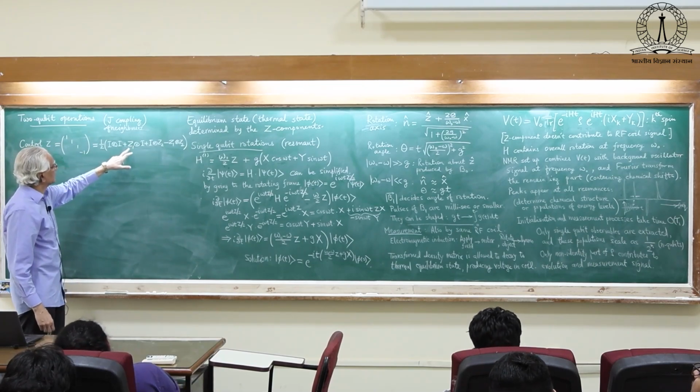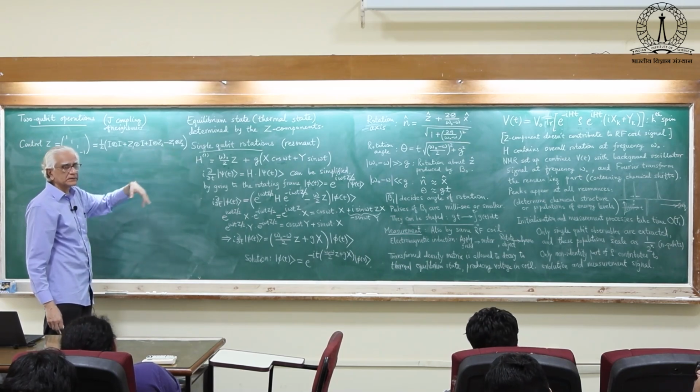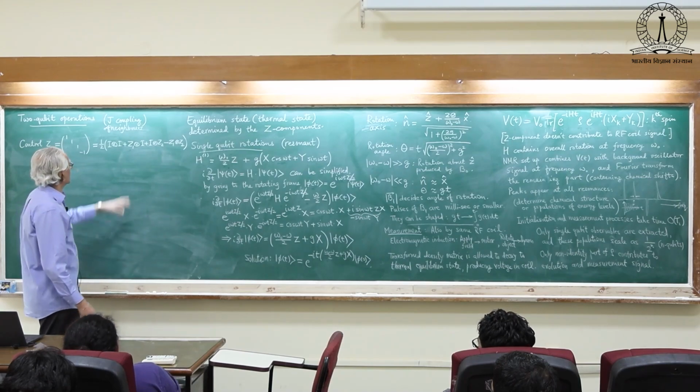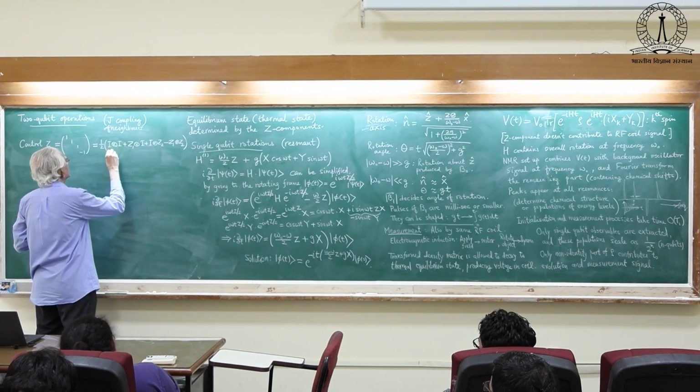The Hamiltonian has single qubit Z coupling and this J coupling between neighbors. Okay. And well, why is that? It's a kind of trivial thing.